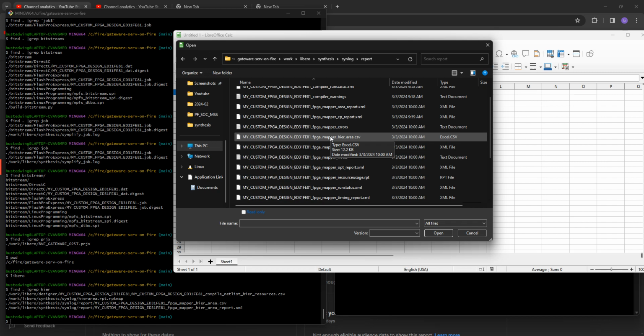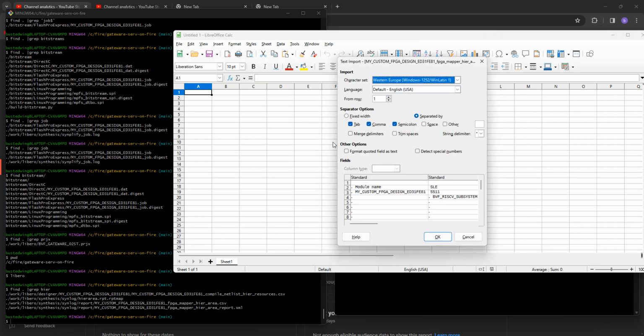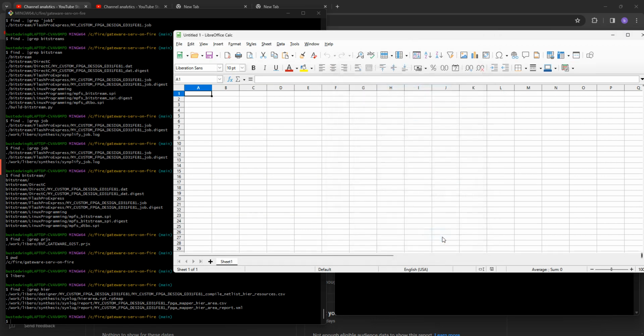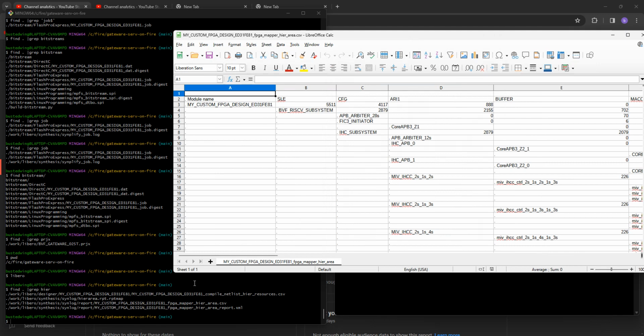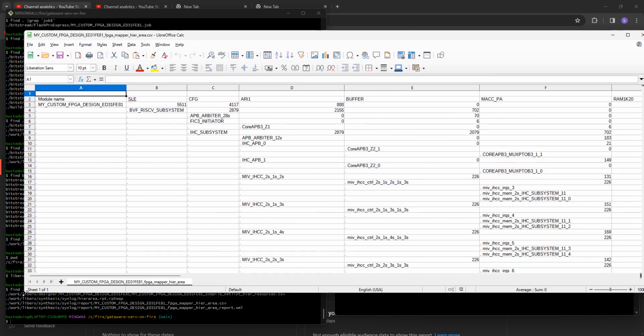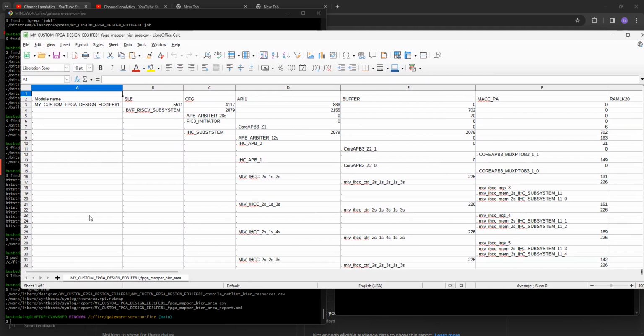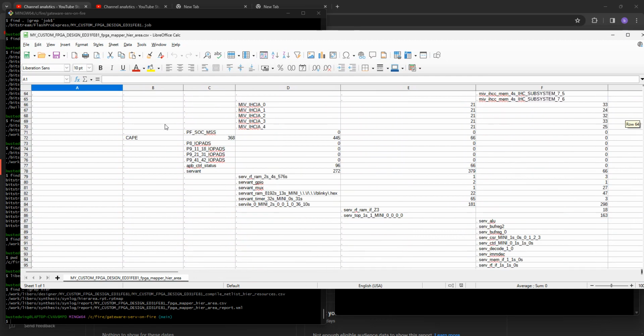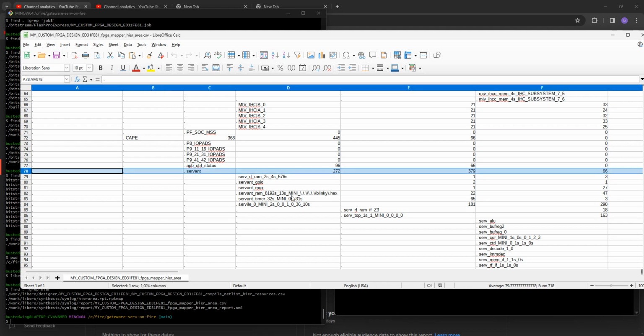This will show us, for each level of hierarchy, how many gates and FPGA resources are being consumed. I'm particularly interested in how big that SERV processor is. We should be able to find it. Here's Servant. Right here, Servant takes up 272 resources.